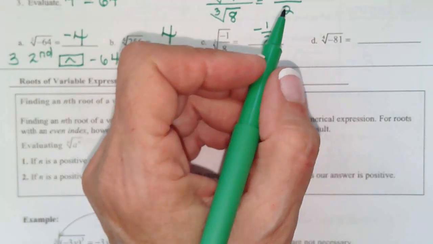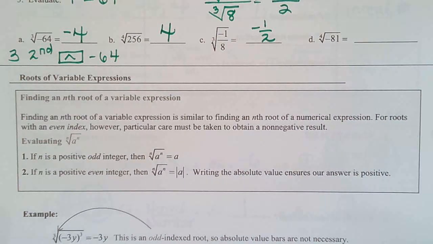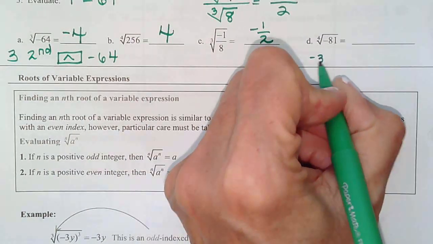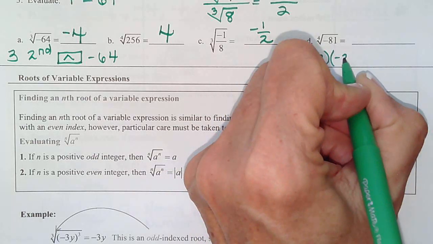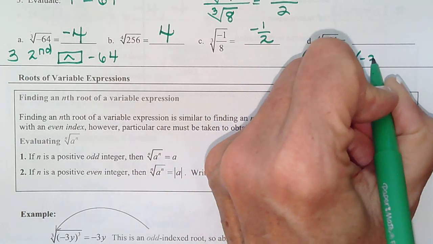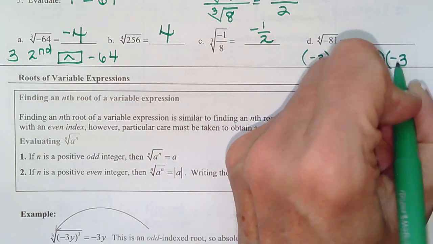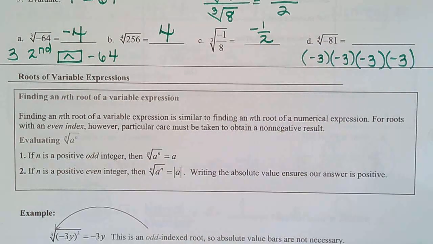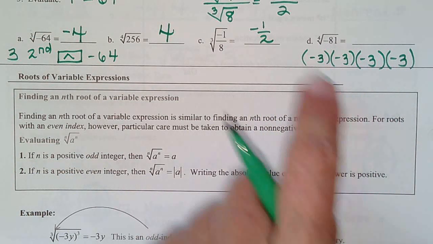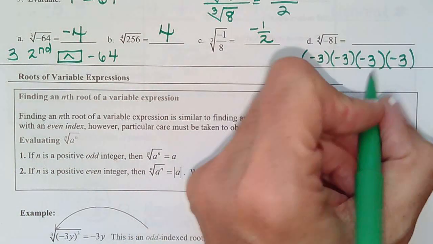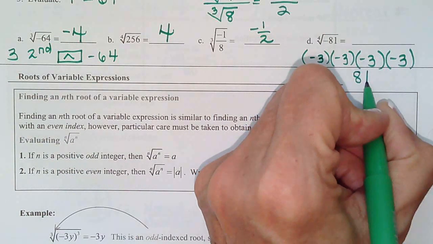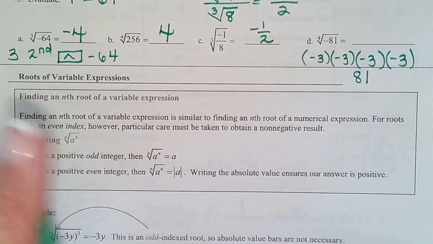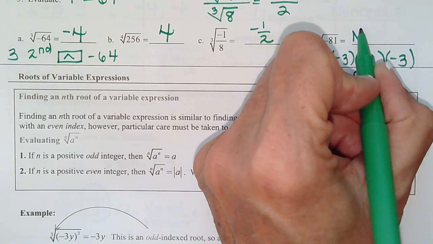So if I write negative 3, that means negative 3 times negative 3 times negative 3 times negative 3 gives me 81. Is that a negative 81? Is that a true statement? No, it's not. 1, 2, 3, 4 negatives give me positive 81. This is non-real.